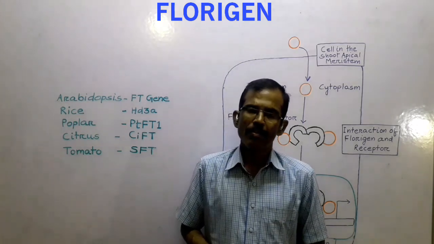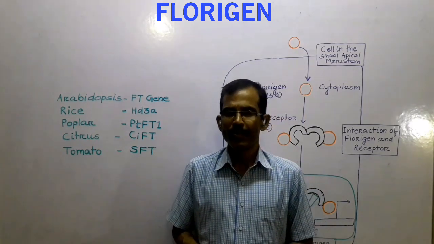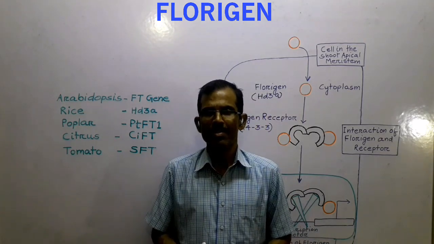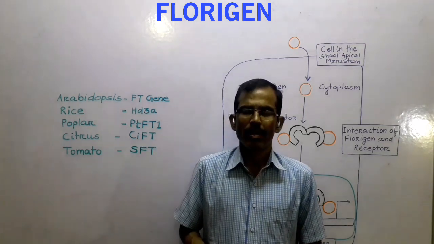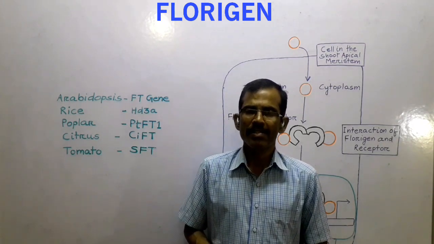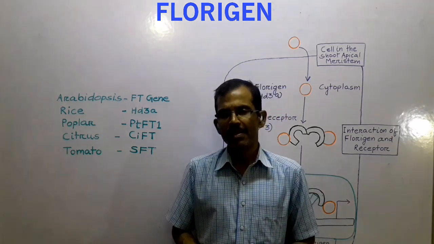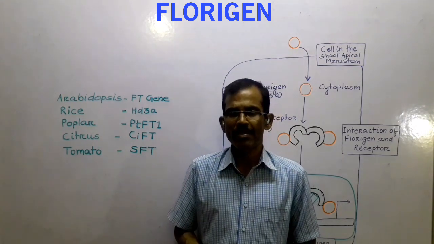But none of these compounds exhibit universal florigenic activity. Because of this, initially Florigen was considered as the hypothetical flowering hormone. But more recent findings suggest that Florigen does exist. It is a systemic signal that initiates flowering in plants.